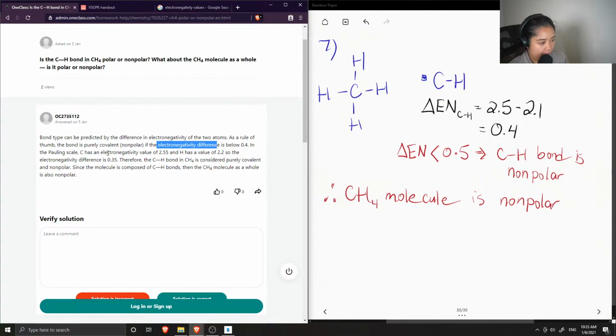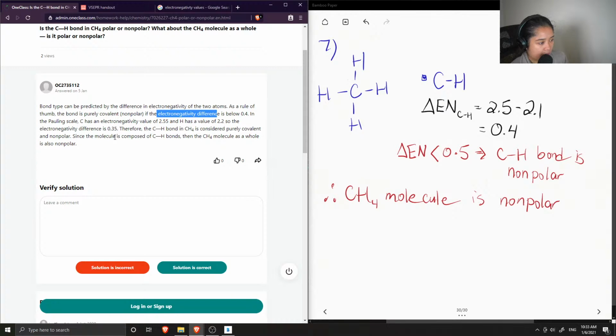So the electronegativity difference is 0.35. Therefore, the carbon-hydrogen bond is considered purely covalent and nonpolar. Since the molecule is composed of carbon-hydrogen bonds, the molecule as a whole is also not polar. Okay, so this solution is correct.